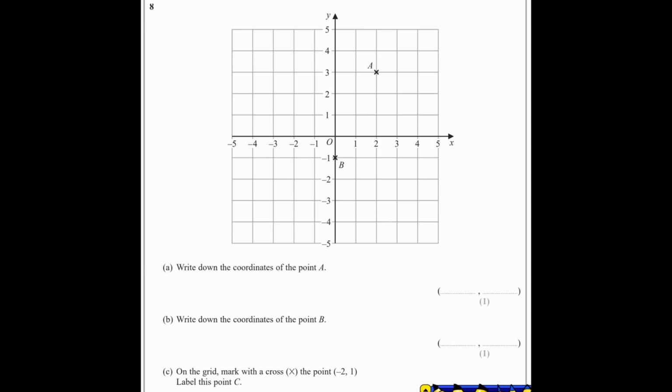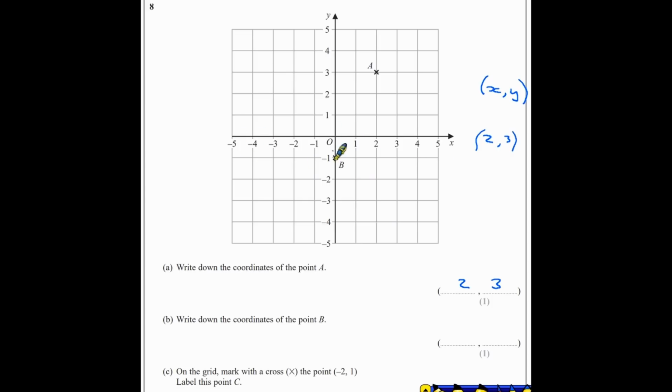Question 8 has 3 parts, all concerning coordinates on a graph. First of all, we have to write down the coordinates of point A. Don't forget, a coordinate is x and then y. So for this one, on the x it is 2, and up the y-axis it is 3. So our coordinates are 2, 3. Coordinates of point B, we do exactly the same.